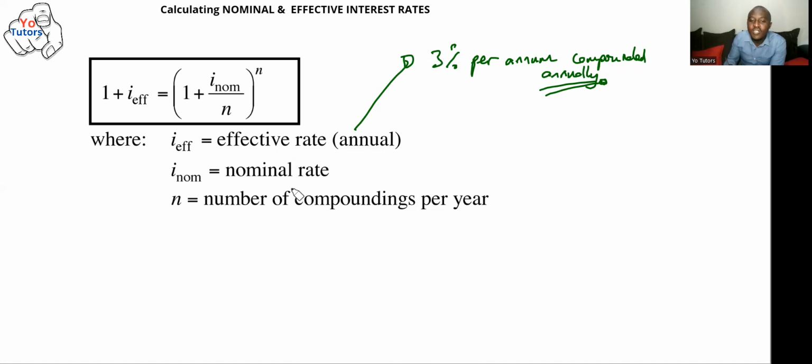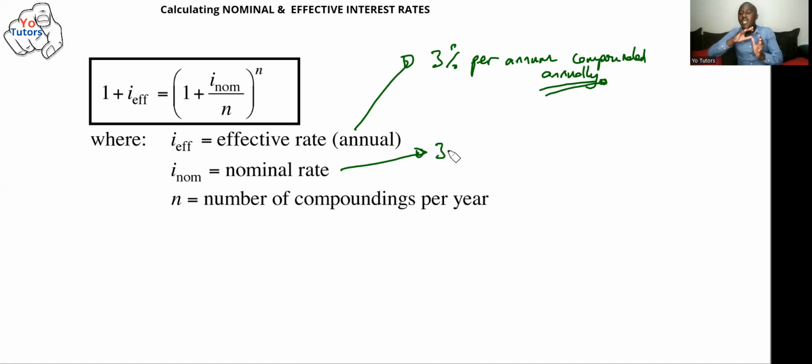But now we have the nominal rate, where the interest is quoted per year, but is not compounded annually. For example, let's say 3%.